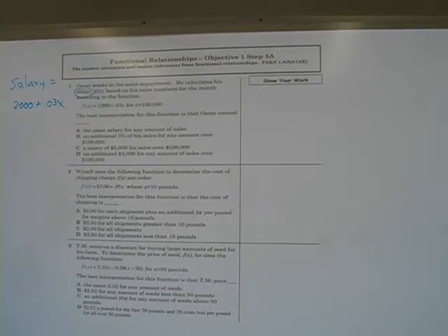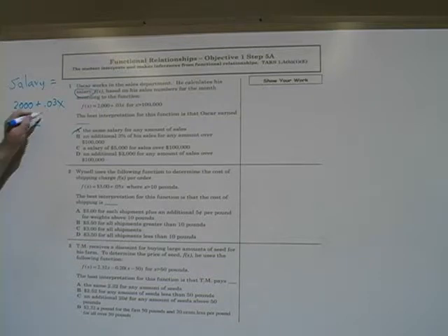Now look at the answers and tell me which one looks like that. Answer A is obviously wrong because it says he makes the same salary no matter what. What about this answer B? What is 3%? What's another way you can write 3%? You all remember? 3 over 100.